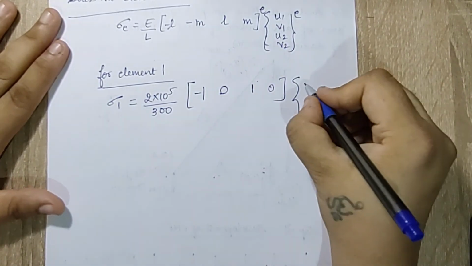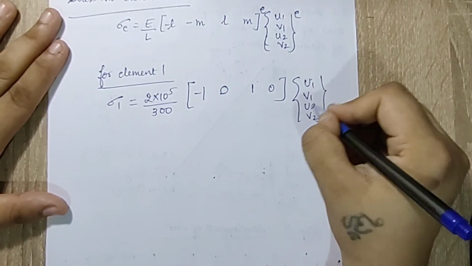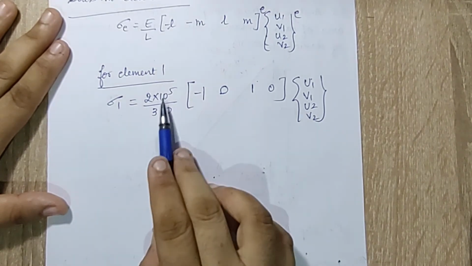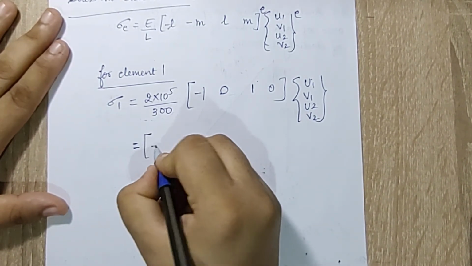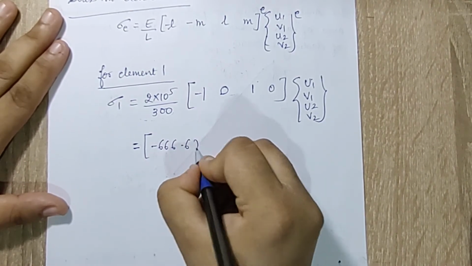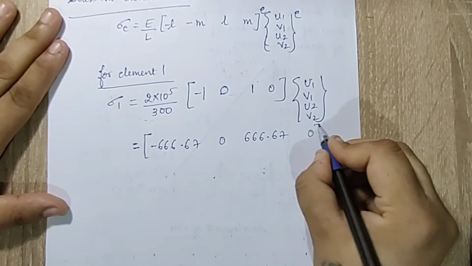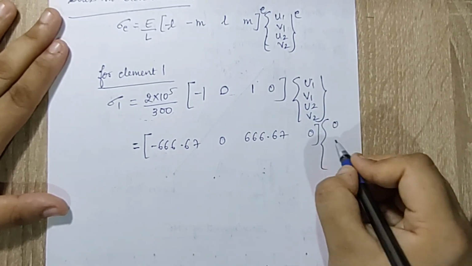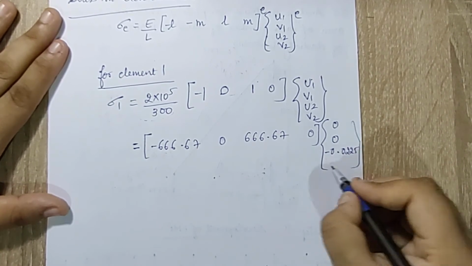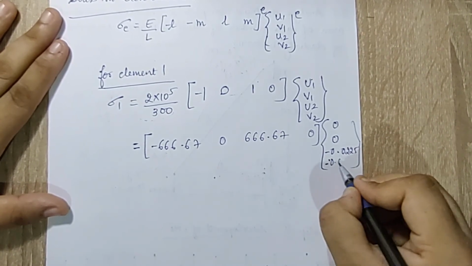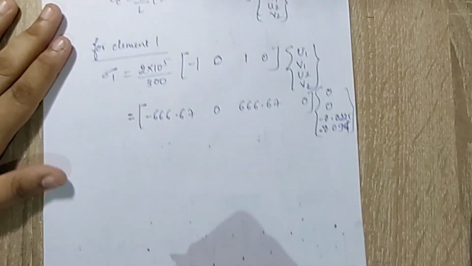First element is between U1, V1, U2, V2. These two are 0. I'll substitute values of these two and multiply inside. So I'll get minus 666.67, 0, 666.67 and 0. Here I'll have 0, 0, minus 0.0225 and minus 0.095 or 94, whatever you have obtained.